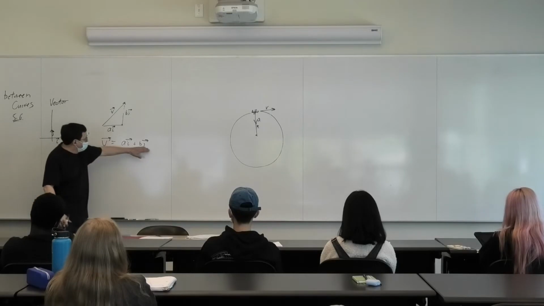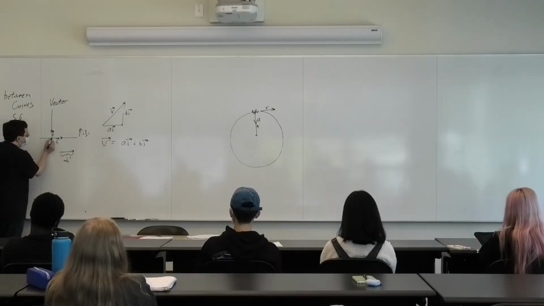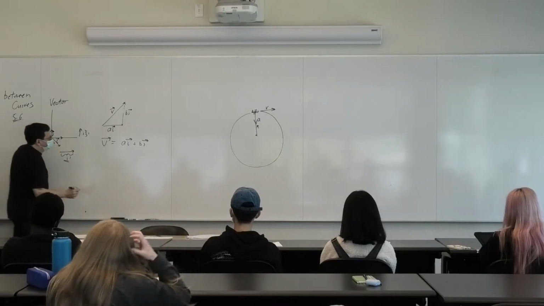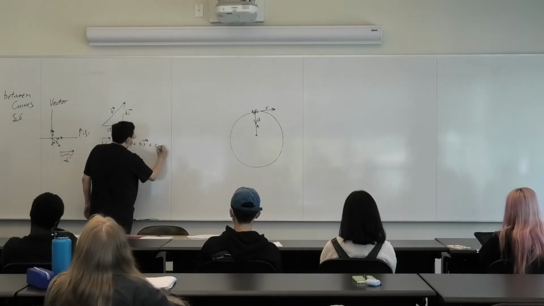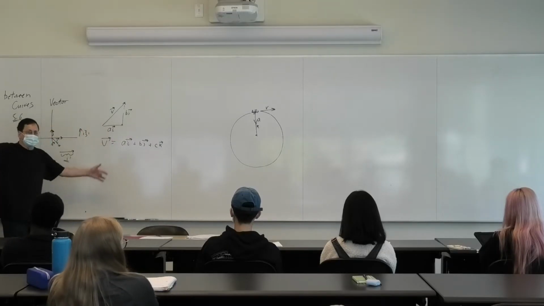This is a linear combination of vectors making up a vector. I don't want to push my luck here, but you can see without too much effort, I can have a z-axis, and I have a k vector, and then I could really make up a vector in the room.